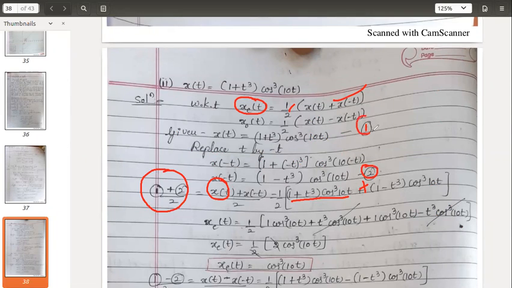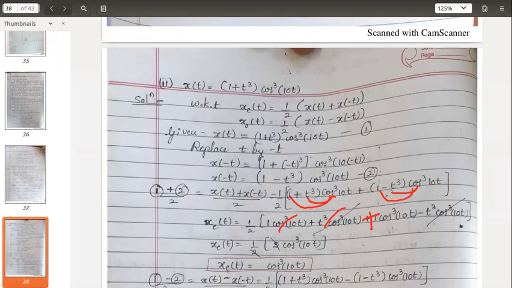This part is equation 1. Now what is equation 2? 1 minus t cube of cos cube. You can expand this signal, half kept outside, apply this cos to both the first term and second term, plus apply this cos term to both cos cube and minus t cube.